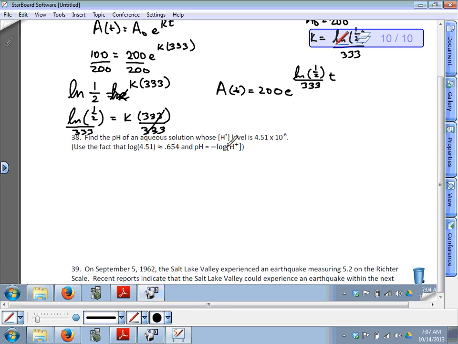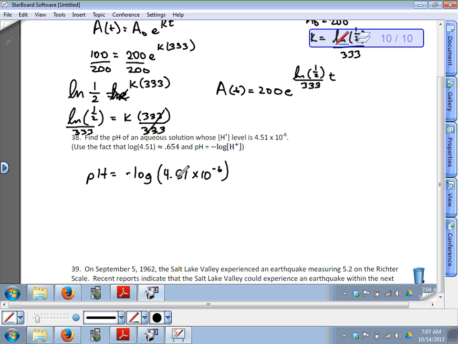The pH then is the negative logarithm of that hydrogen ion concentration. So pH is equal to negative logarithm of 4.51 times 10 to the negative 6. Now inside this logarithm, we're taking the logarithm of a product, 4.51 times 10 to the negative 6. This is just a number in scientific notation.